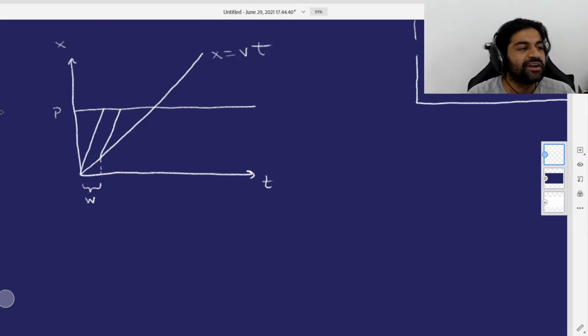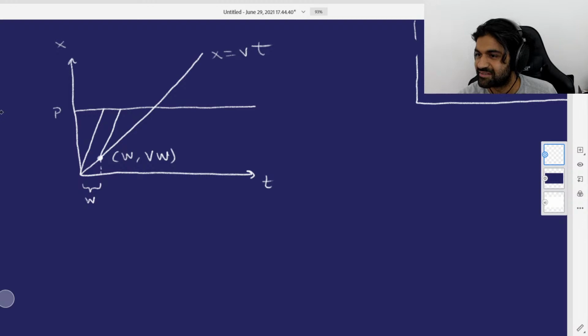So what would the coordinates of this point be? The coordinates of this point are going to just be W, comma, VW. I just plugged it into the equation of the line. Hopefully that seems reasonable. And so what is the equation of this line going to be?